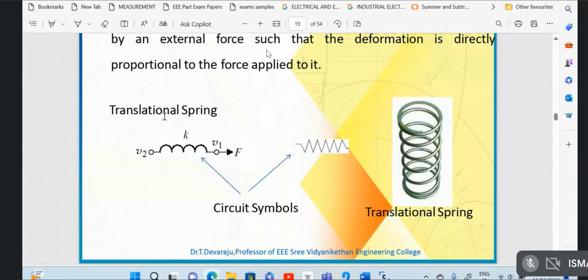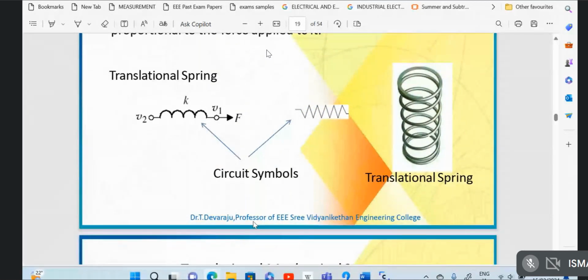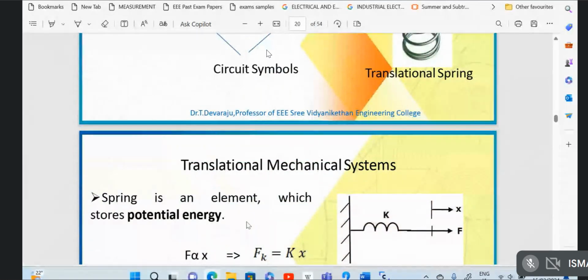This is the spring in physical nature, but the symbol for it in physical modeling is like this. So the spring is an element which stores potential energy.